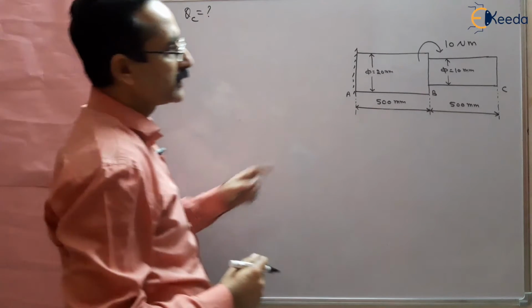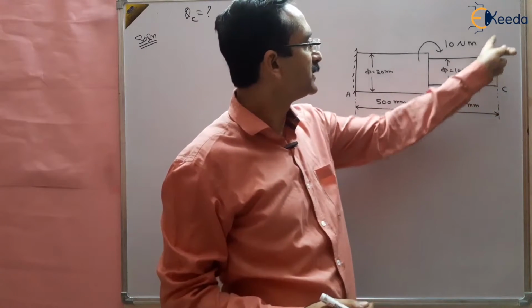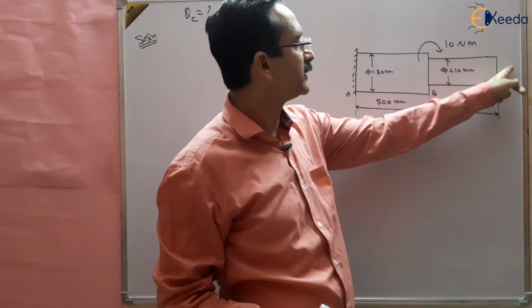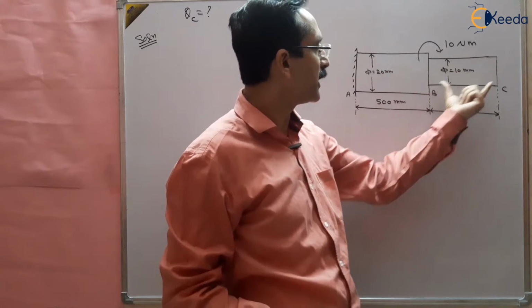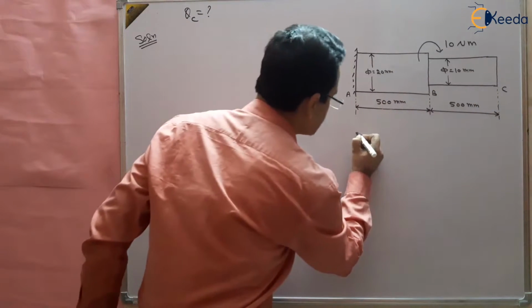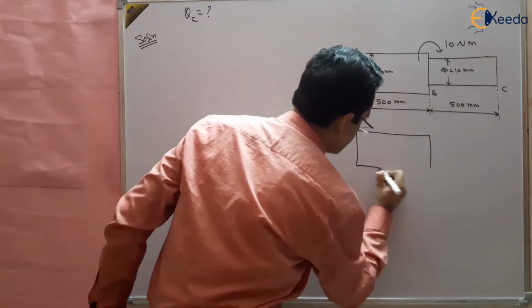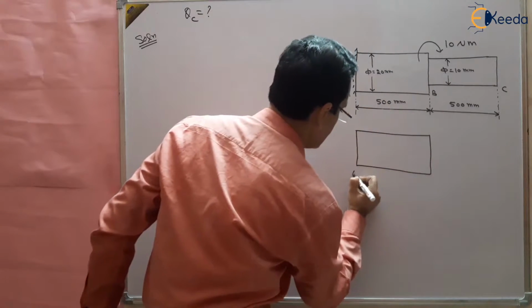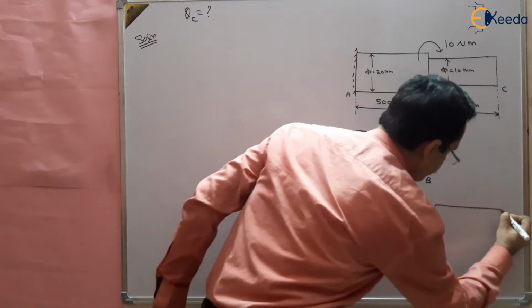Now in this question you can see that no torque is applied at point C. It means at point C there is zero torque, so this body is in equilibrium. It means in part BC there is no torque actually. If I divide it into two parts, one part is AB and another part is BC.